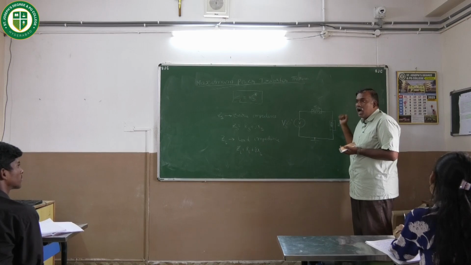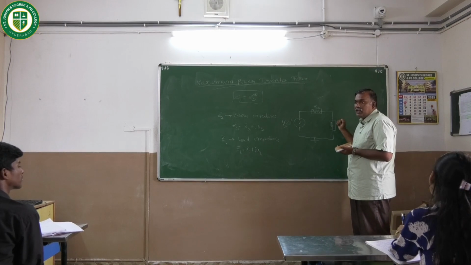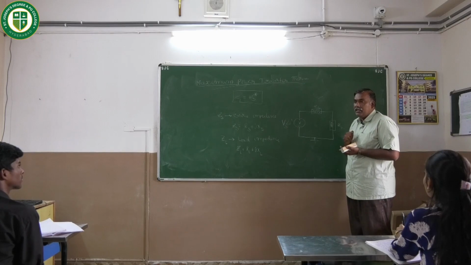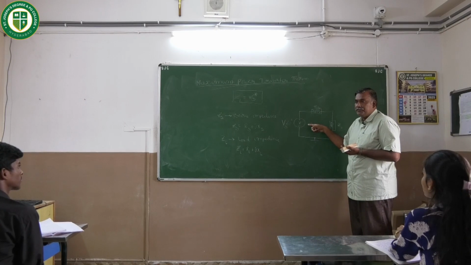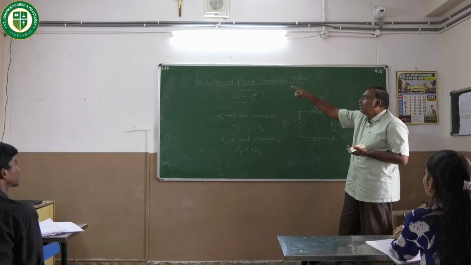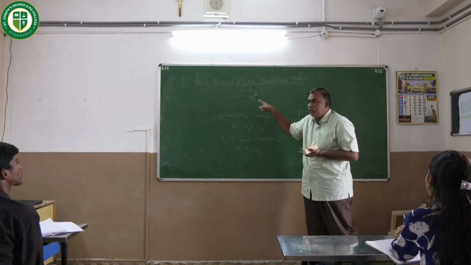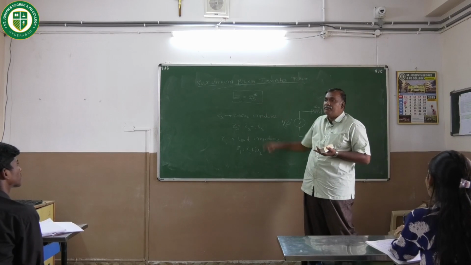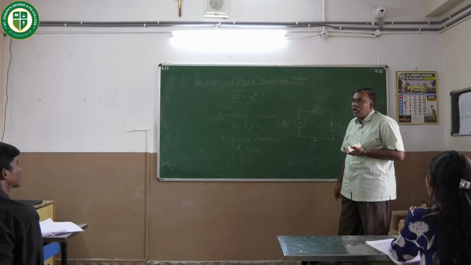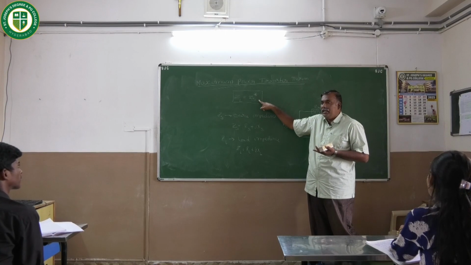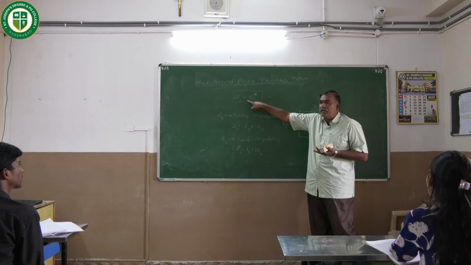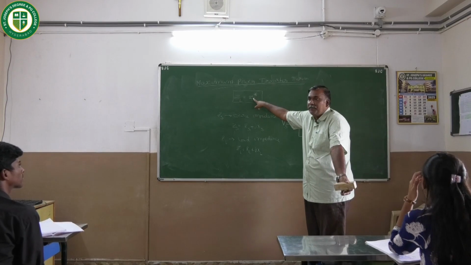Now, how will my load, which is my mobile, receive the maximum signal from the network or from my mobile tower? That can be when ZL is equal to Zs star. That is when it satisfies the maximum power transfer theorem. The condition is ZL equal to Zs star, that is, when the load impedance is equivalent to the complex conjugate of the source impedance.